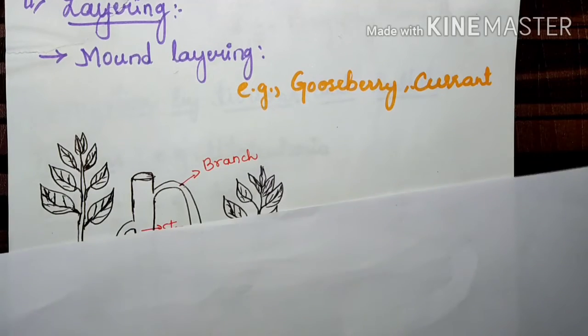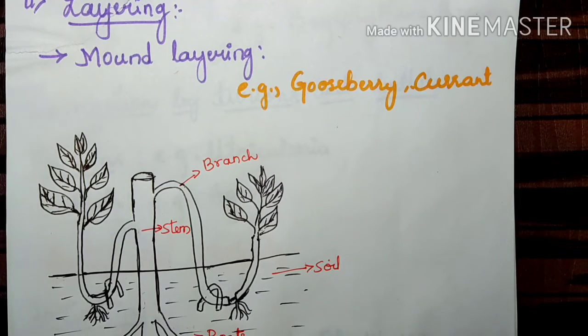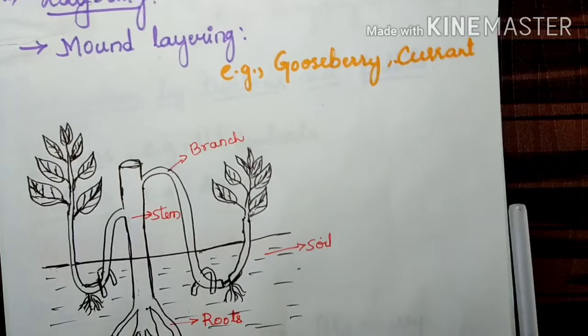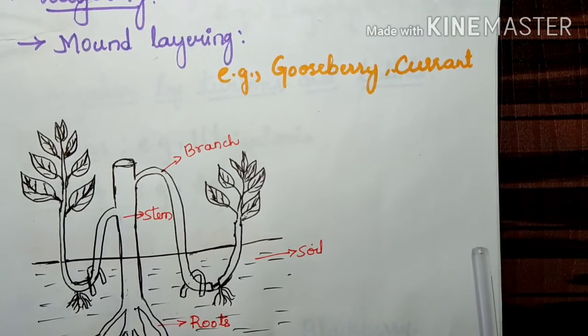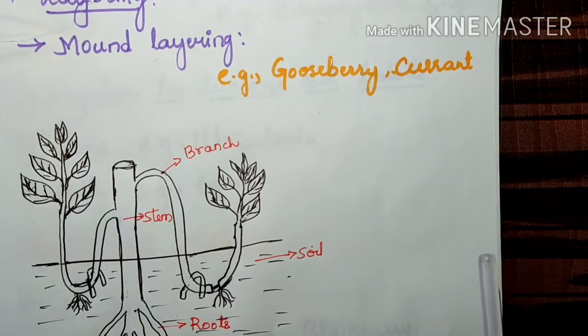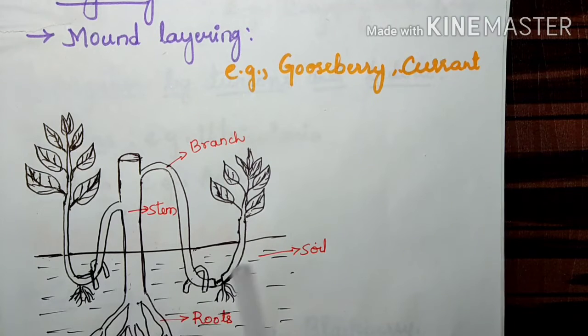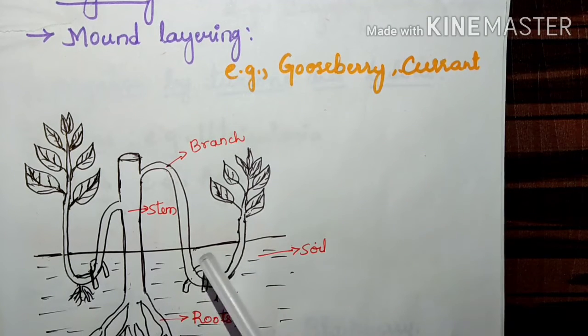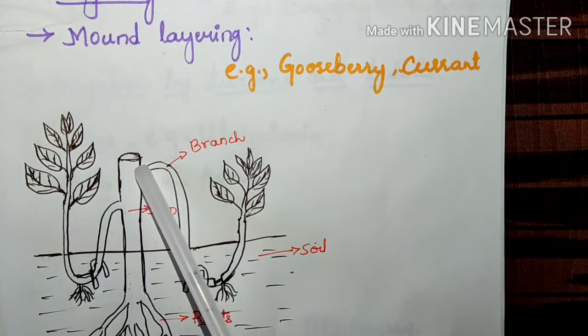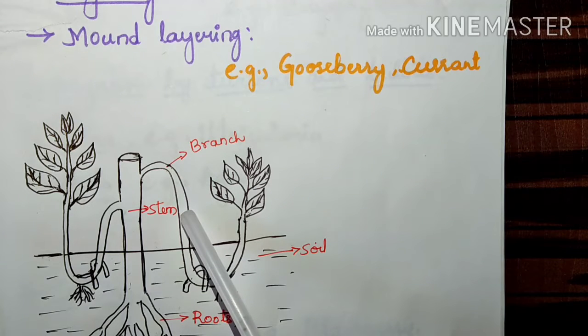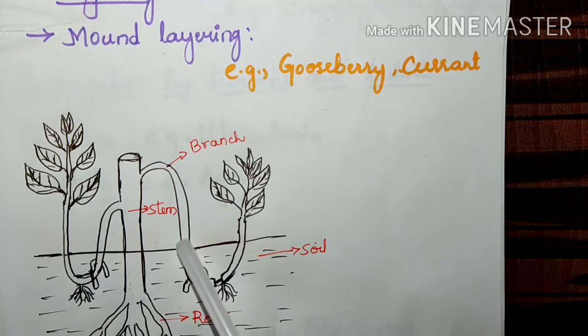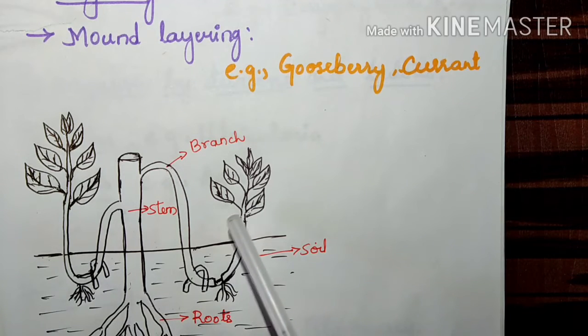So in this type of layering, what you can say is a mound layering. The shoot is pruned, and the lower part is covered by soil when a number of new shoots develop.